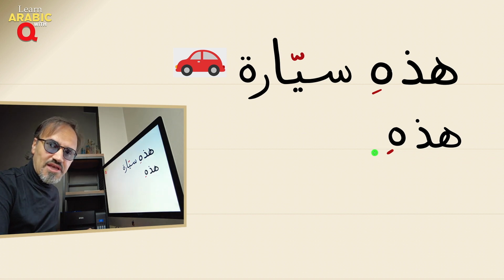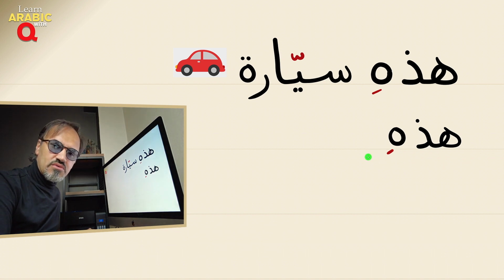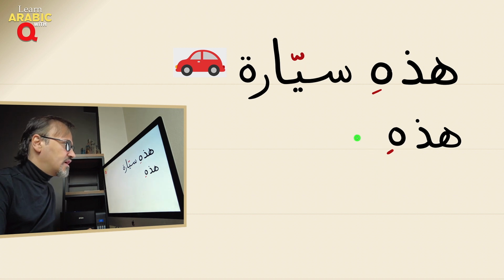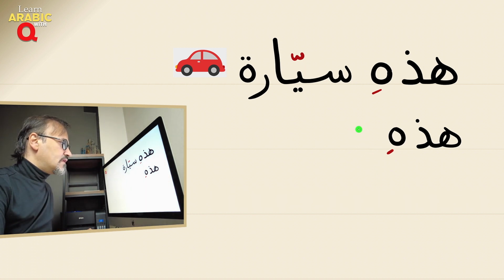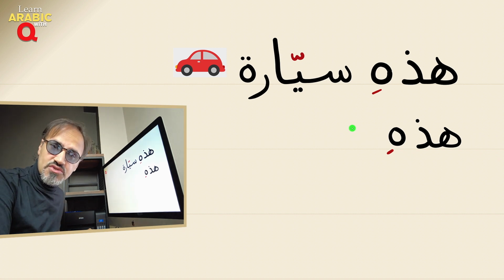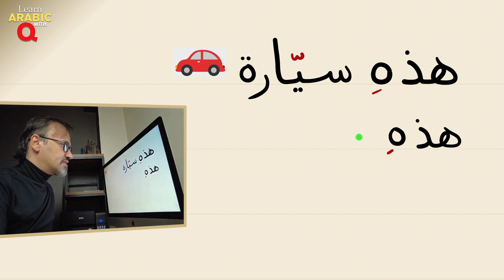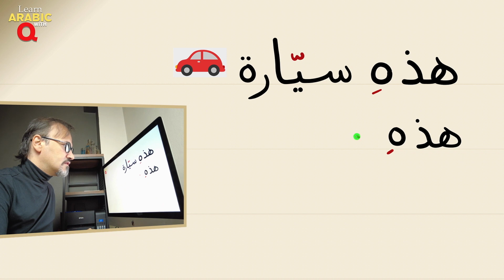This tashkil is actually just for you to read it properly. هذه مدرسة. Madrasa means a school. So let's write madrasa, me, and then de, re, se.